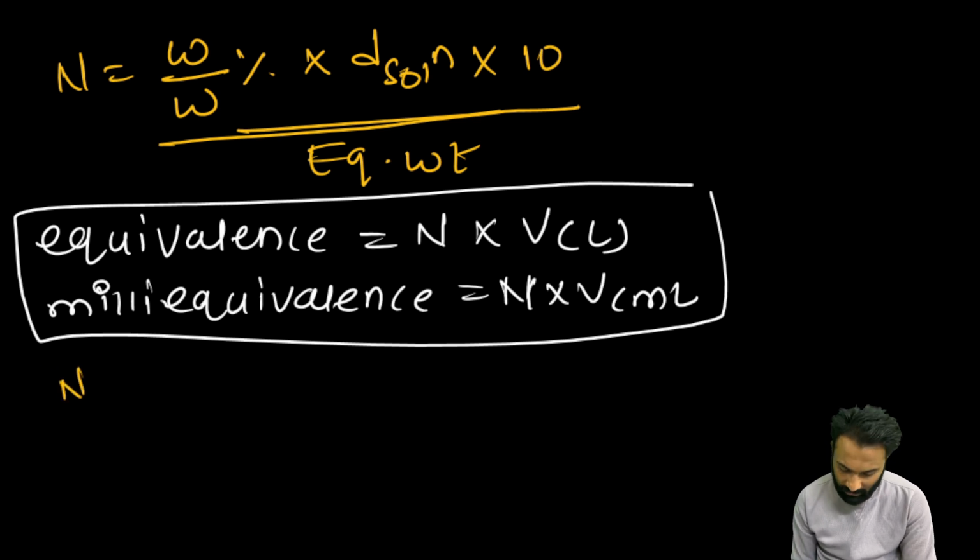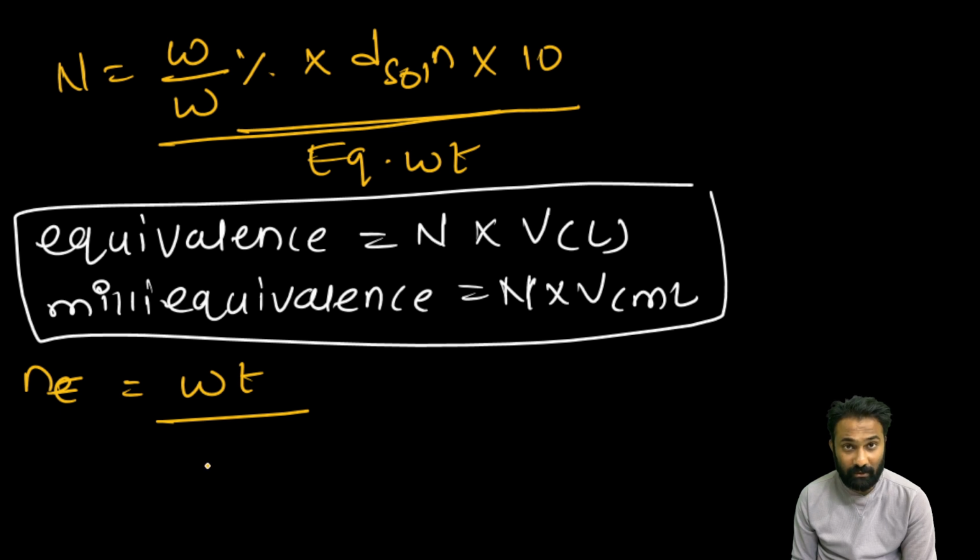Normality equivalence is equal to NE. What is the formula? Weight of solute by equivalent weight, right? Equivalent weight formula is molecular weight by n factor.